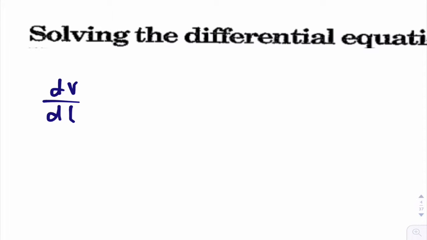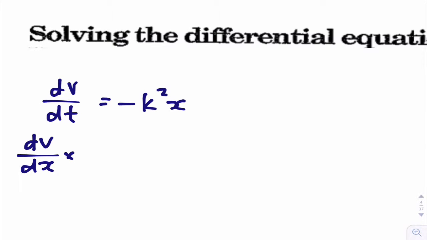So here we've got dv/dt, the rate of change of the velocity, is negative k squared x. Here v is the velocity, and the second derivative is the acceleration, so we've got dv/dt. Now writing it like this is going to help us. This is a little trick using the chain rule.